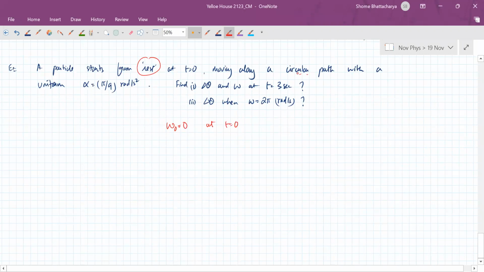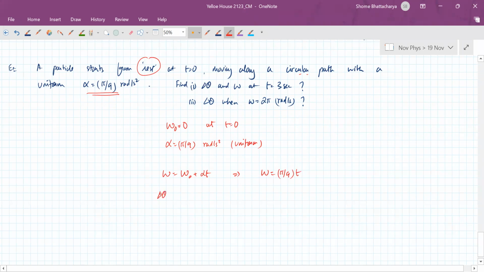And because it's moving along a circular path with uniform angular acceleration, our omega as a function of time will become pi by 9 t at any time t.